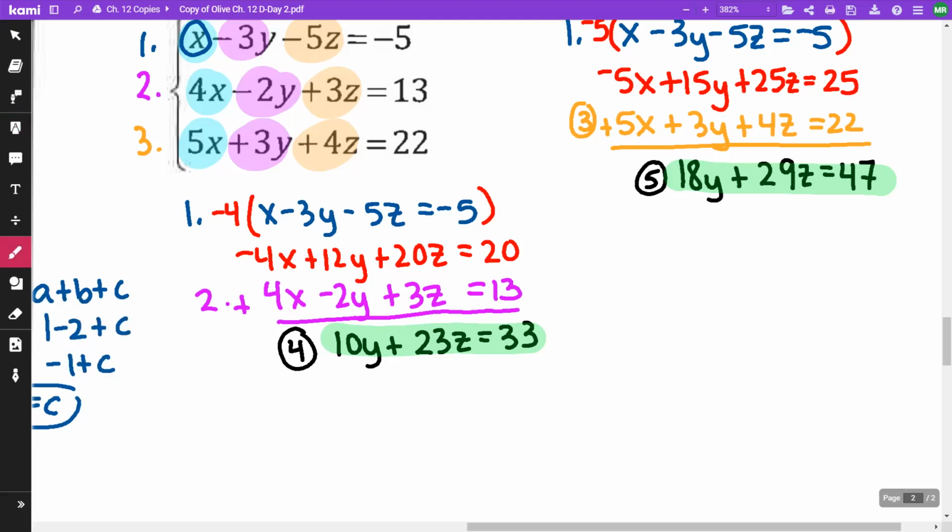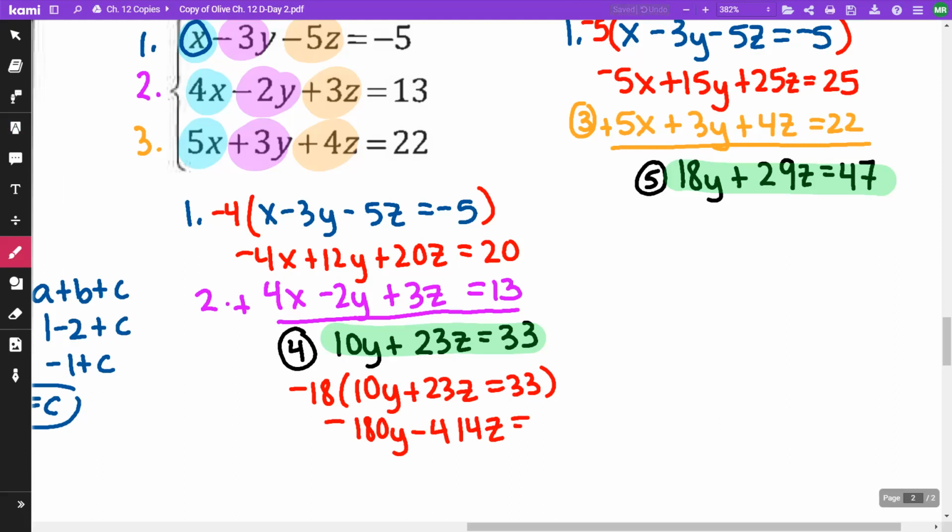So I am going to multiply this, let's say, by a -18. So I'm going to take my 10y plus 23z equals 33 and times it by a -18. I'm going to get a -180y minus, and 18 times 23 is a -414z, and 18 times 33, I'm going to get a -594.